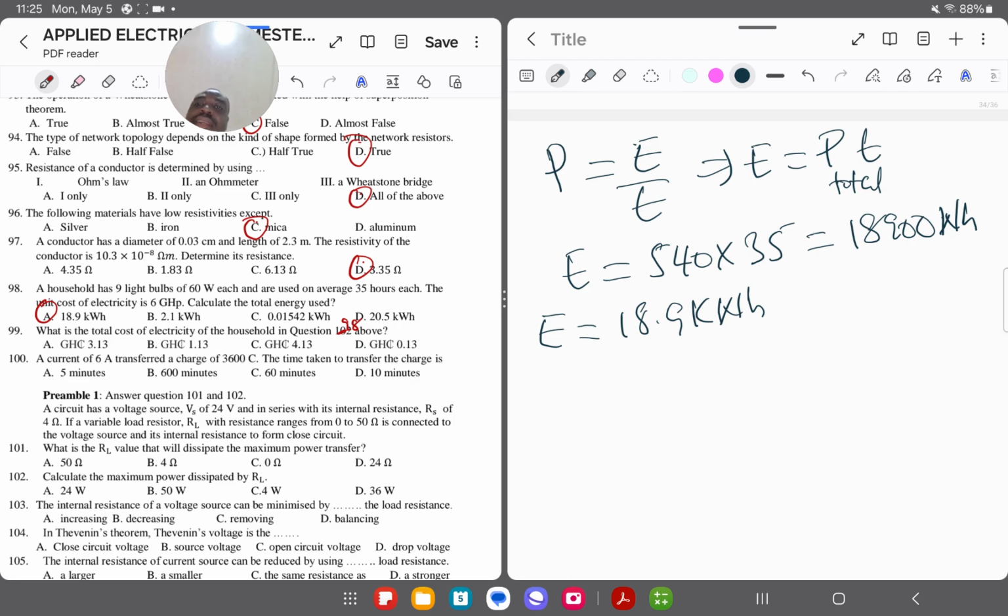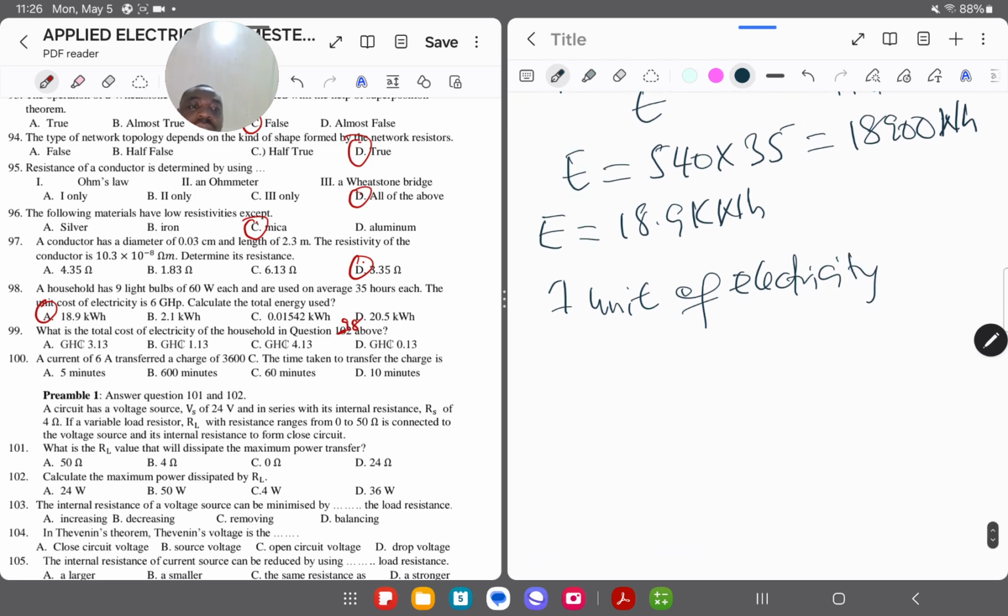Now that we've gotten the energy, we can calculate the cost of electricity, if we know the unit cost. The unit cost, as we have been told, is 6 Ghana pesos. So 1 unit of electricity costs 6 Ghana pesos.